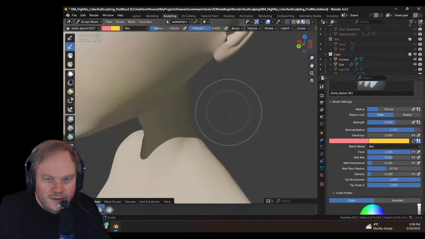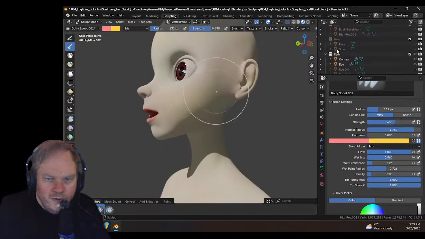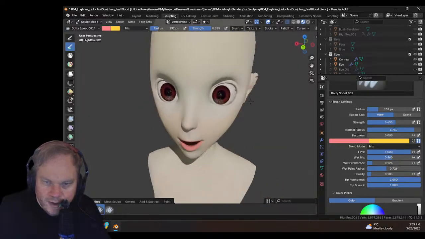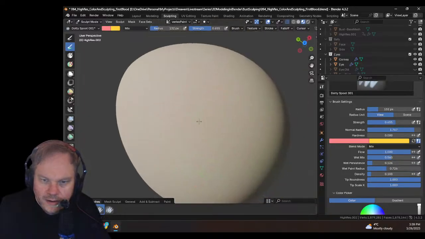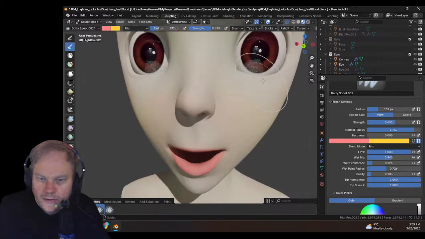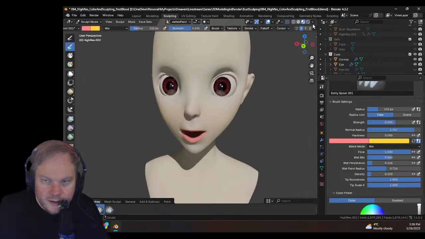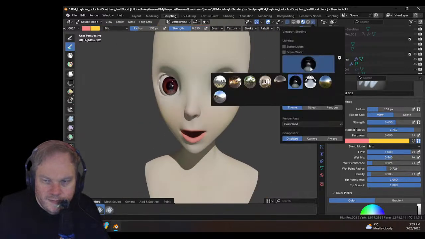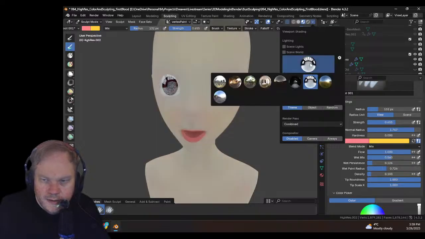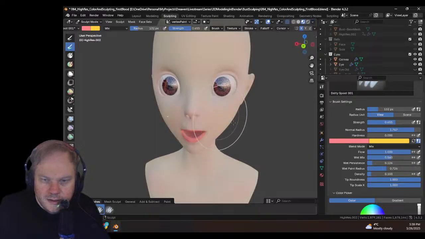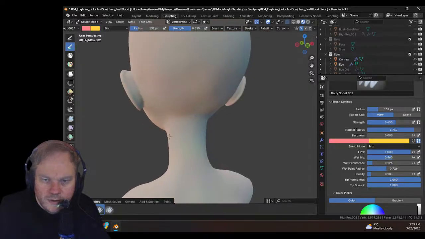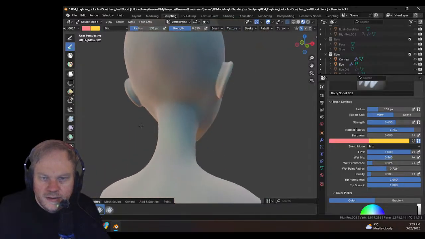Doesn't look as weird in the white room. Let's continue this madness. We could test with the colors and things.